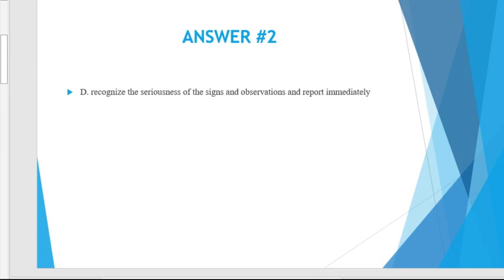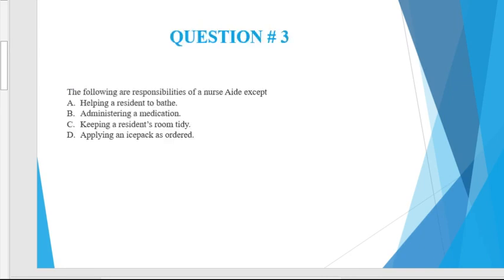So you need to know your responsibility, what you can do and what you cannot do. Your responsibility is not assessment. You are not supposed to assess the patient. All you need to do is report what the patient told you to the nurse. I hope I'm making sense with this explanation.